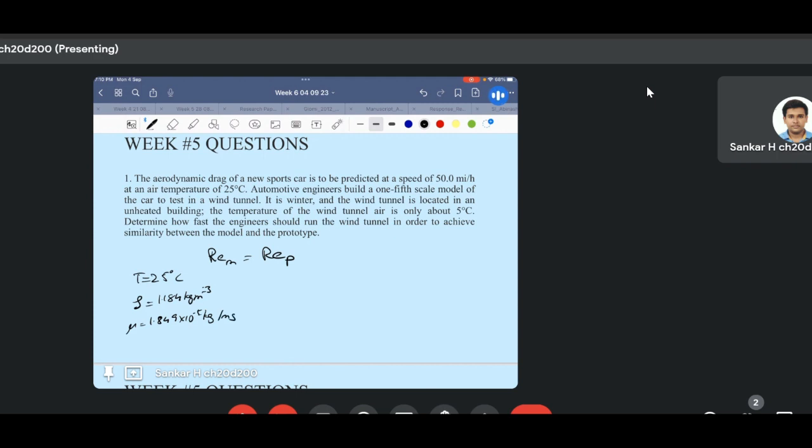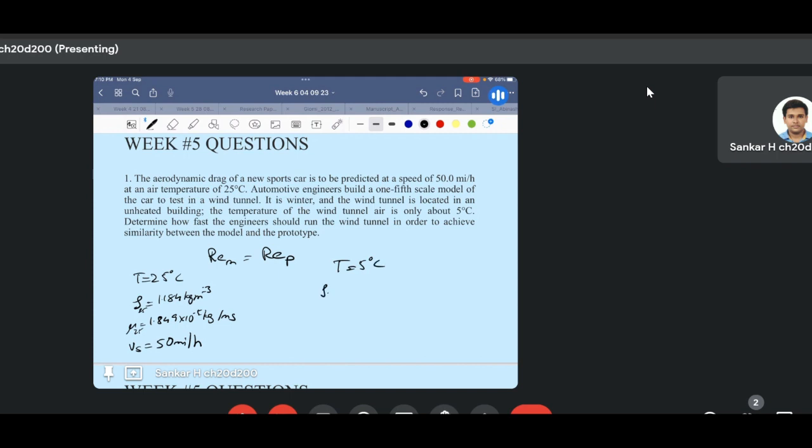This is for the sports car, the prototype, at 25 degrees Celsius, and the velocity of the sports car is given as 50 miles per hour. We can also find out what happens to the density and viscosity at 5 degrees.